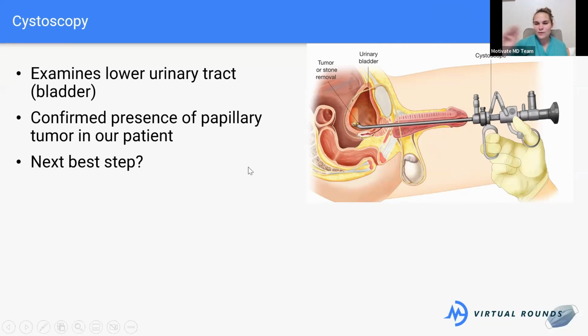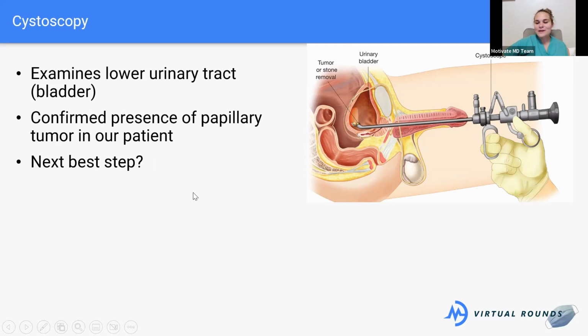But what do we want to do now that we're in there and we can see the tumor? Do we want to just leave it and then forget about it, maybe look at it in a year or two? Yeah, get a sample.